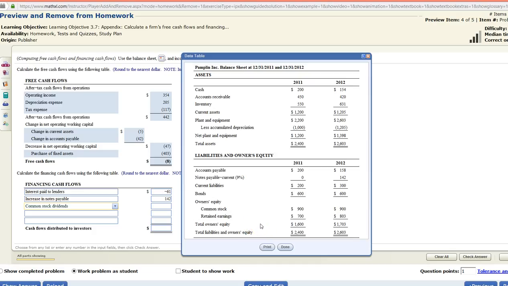It's that number at that particular point in time, but it's cumulative over multiple years, multiple periods. So this number 803 at 2012 means that at that point in time, the firm has 803 retained earnings. But last year, it had 700 retained earnings. So the addition to the retained earnings of 2012 should be simply the difference between this 803 and 700. Just take the difference.